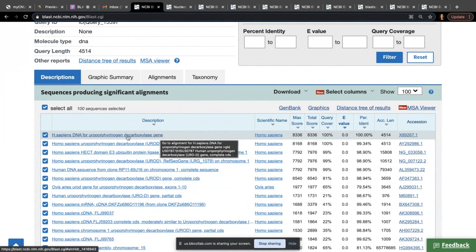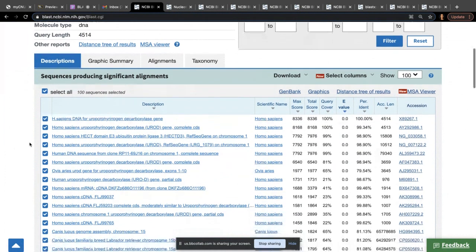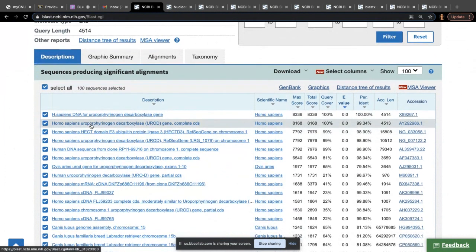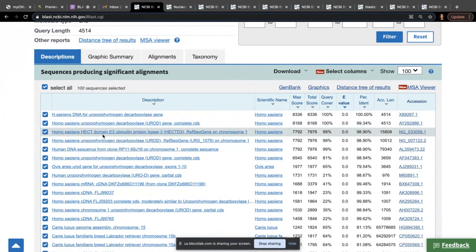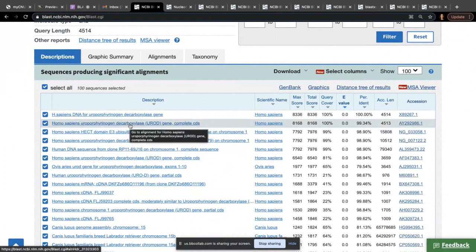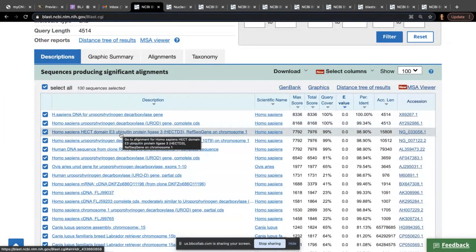And I even know what the gene does. There are other candidates too, which apparently are the same gene. This has some E3 ubiquitin domain, which is possible to exist within that gene, though I don't know enough about this specific gene to know if it does have this domain.